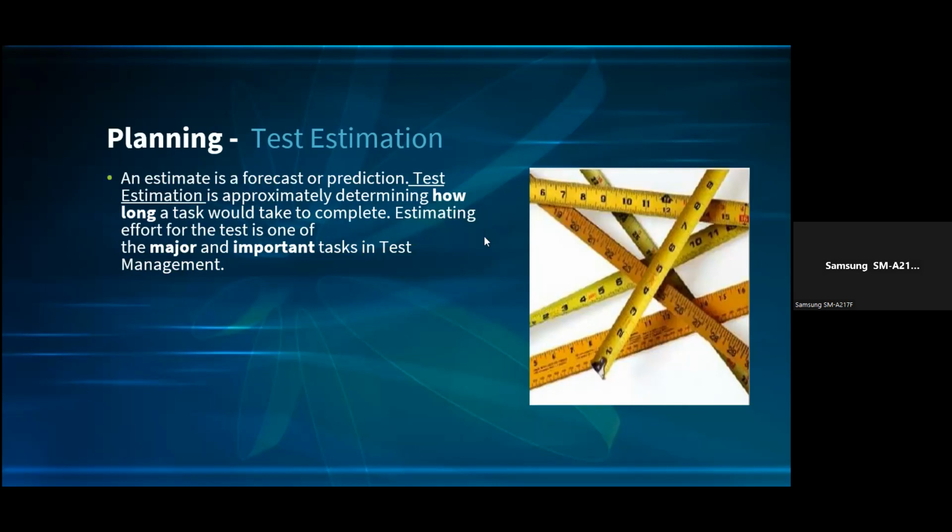Test estimation is approximately determining how long a task will take to complete. Picking your user story, you need to assign and estimate a task to it. Estimating effort for the test is one of the major and important tasks in test management.